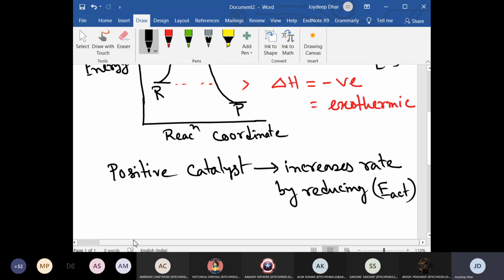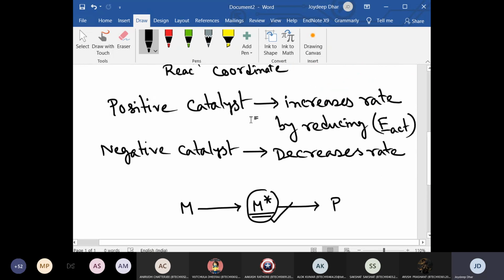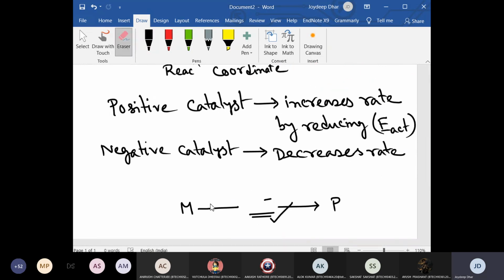Okay. Negative catalyst decreases the rate. Okay. So now the rate, how it can decrease, that will depend on some chemical reaction.